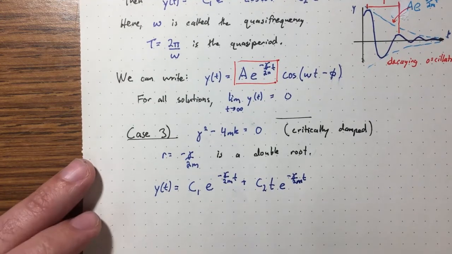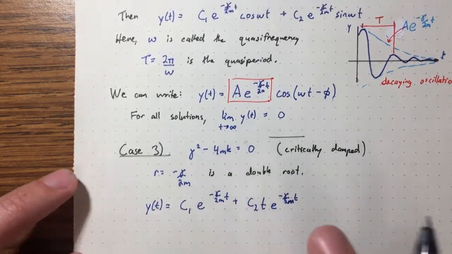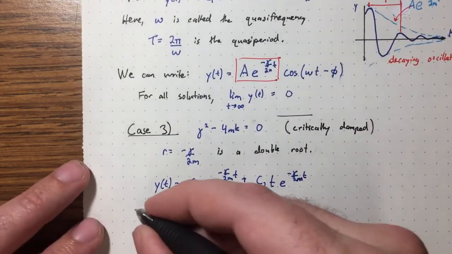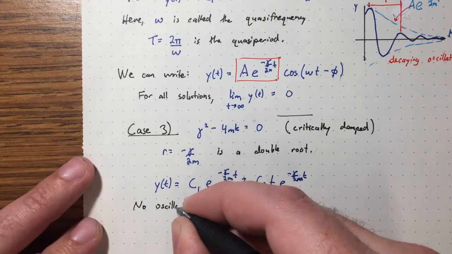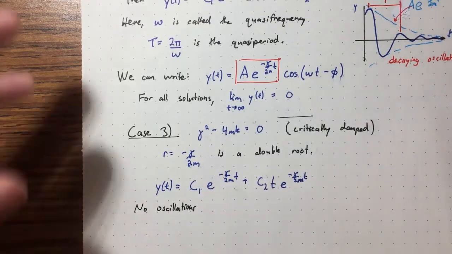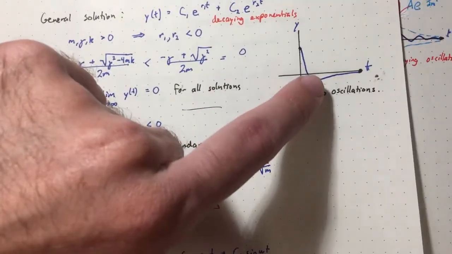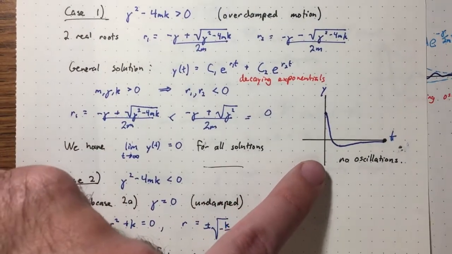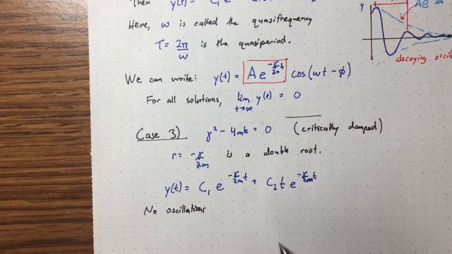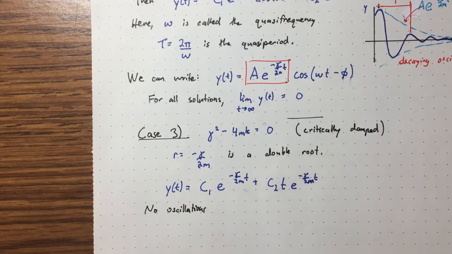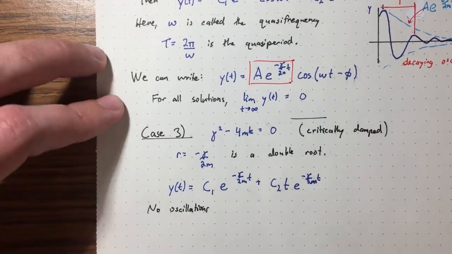And this is really important because it's a boundary case between two very different kinds of behavior. So there are no oscillations in this case. In fact, if you draw a graph of some of these, they essentially look very similar to the overdamped case. So technically there's a t here, but it's very hard to distinguish the graphs of critically damped and overdamped motion.